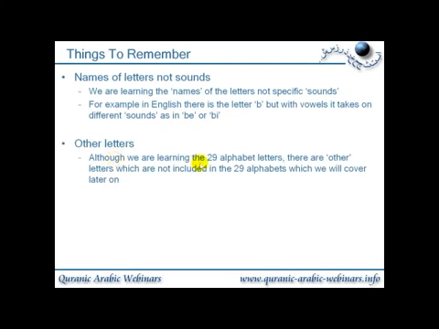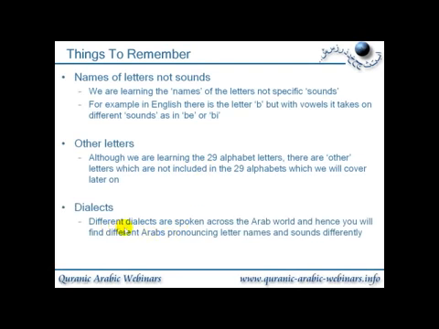Although we are learning the 29 alphabet letters, there are other letters which are not included in the 29 alphabets, which we will cover later on. Dialects. Different dialects are spoken across the Arab world, and hence you will find different Arabs pronouncing letters and sounds differently, and this can be quite substantial, so you'll have to listen to different dialects to see the difference.